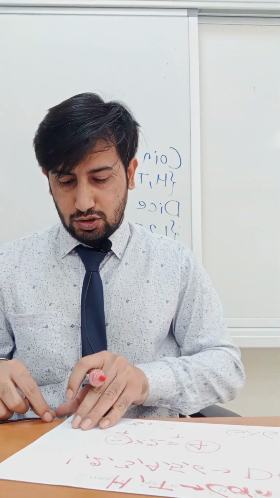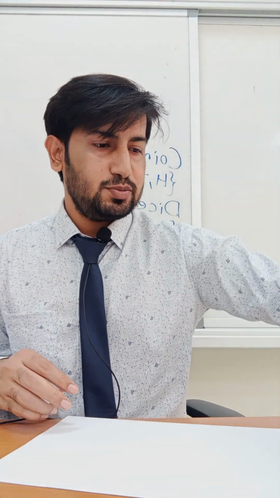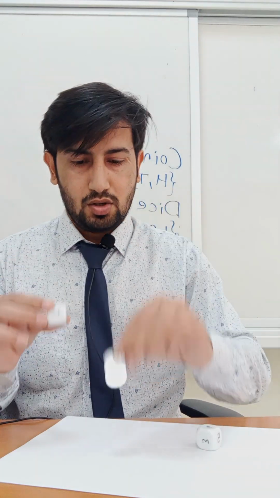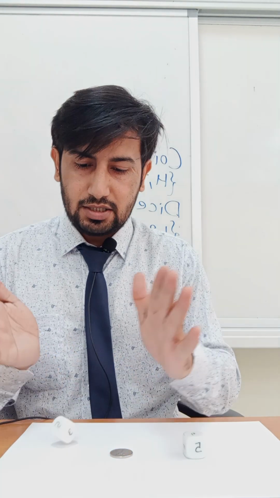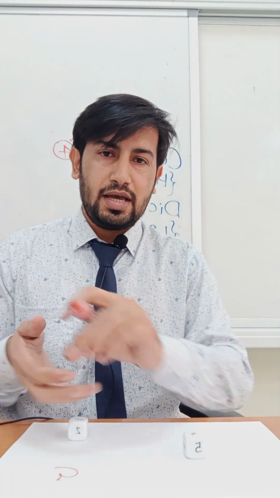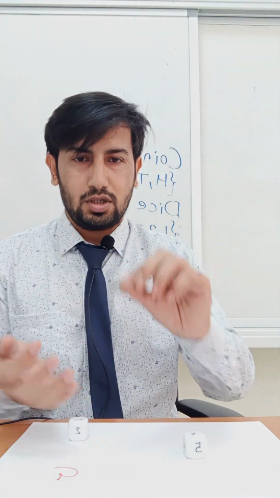Now similarly, let's do a multi-stage experiment. In a multi-stage experiment, let's say you have 2 dice and 1 coin. So first I am rolling a dice. I got number 5. Then I'm flipping a coin. Okay, got a head.